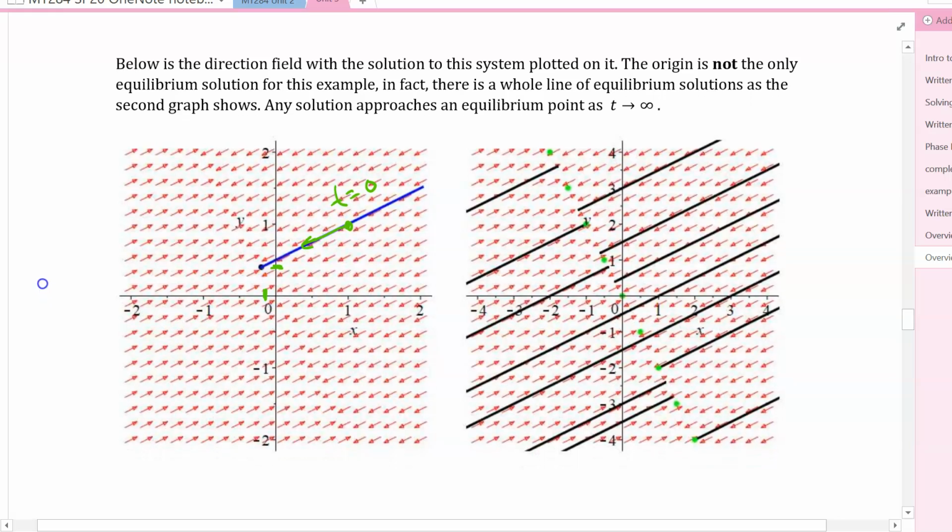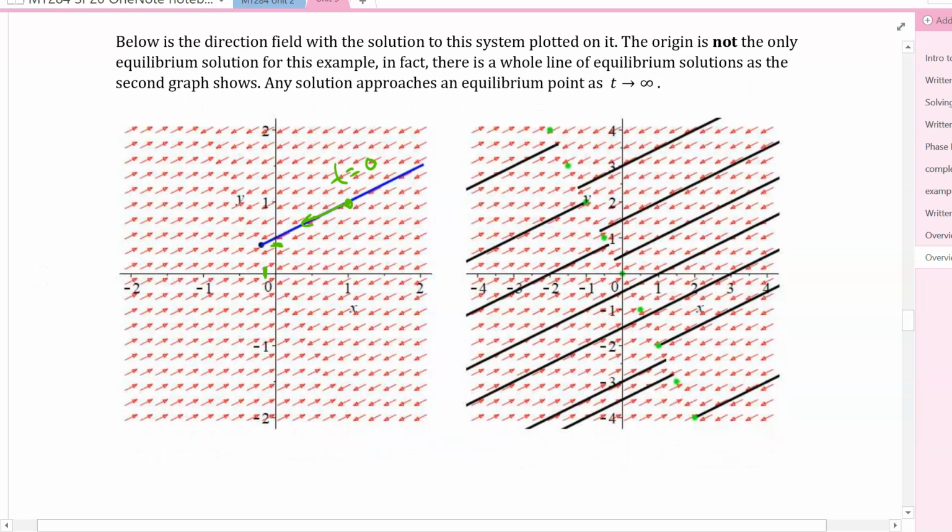All right, the right picture is just a picture of the phase portrait, where we have multiple solutions plotted on there, multiple equilibrium solutions. Also, notice the green dots; those are all equilibrium solutions. So the origin certainly is one, as it is for all of these homogeneous linear systems, but there are many others.